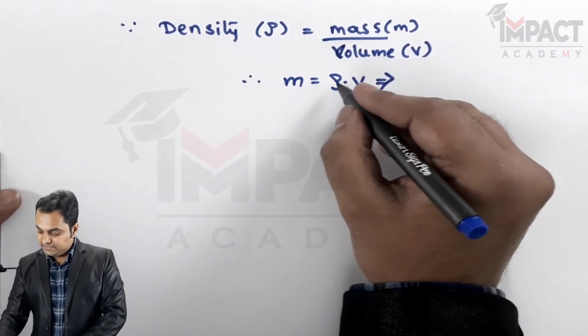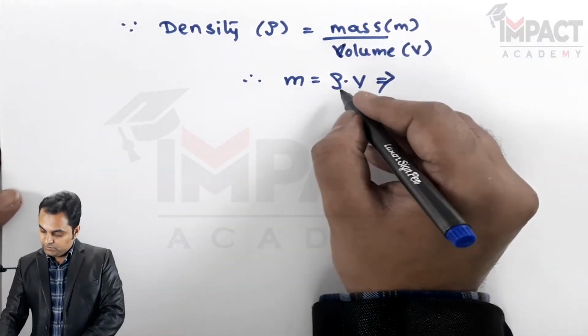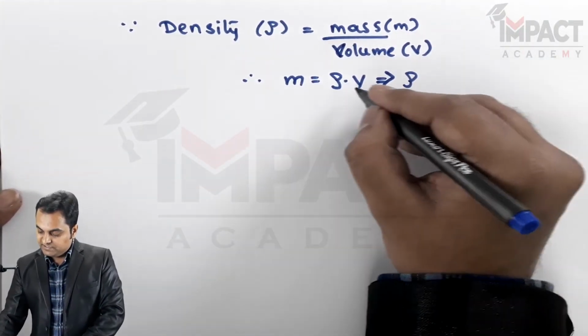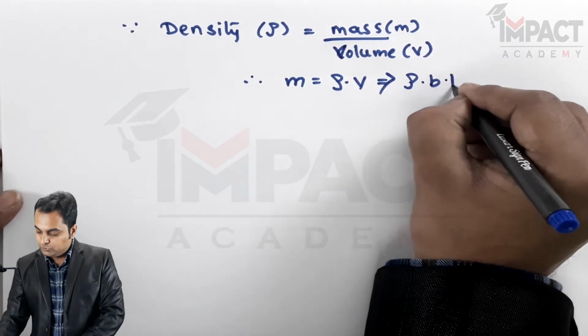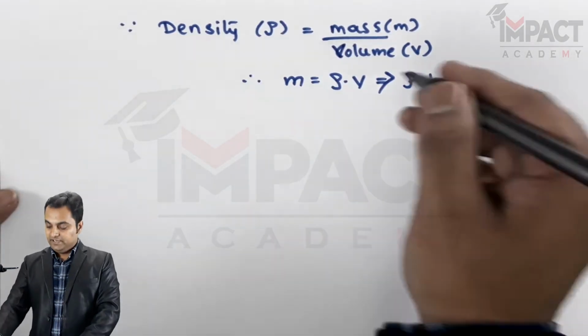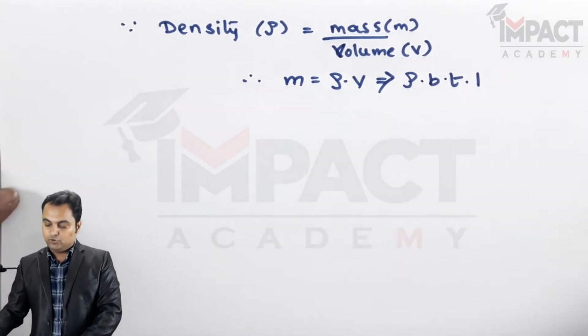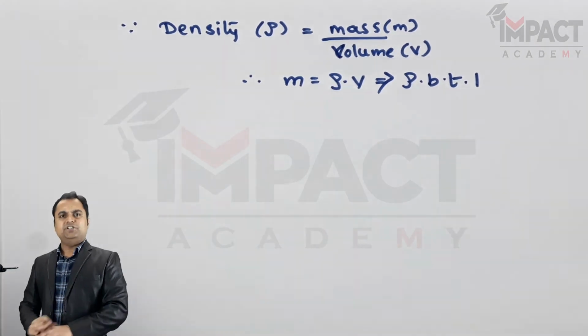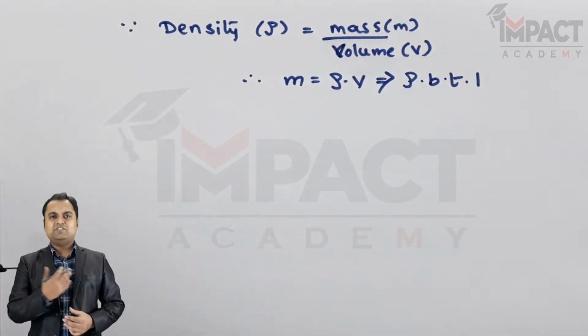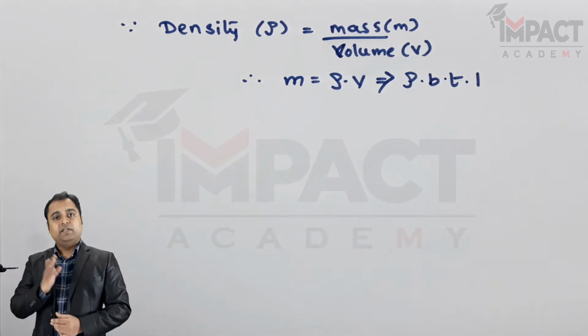So density is given and volume is area, which is B into T, that is the cross section of the belt, into the length of the belt, which we are going to assume as 1 meter because it is not given in the problem. So the mass which we are getting would be in terms of kg per meter.